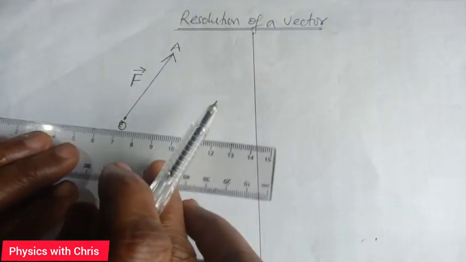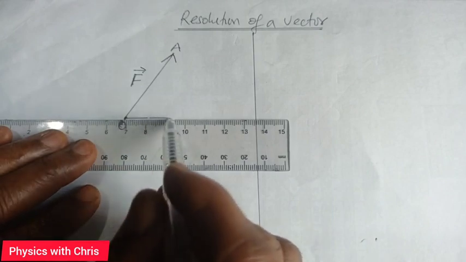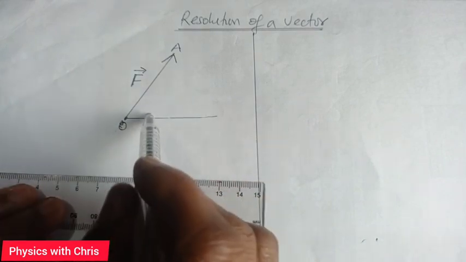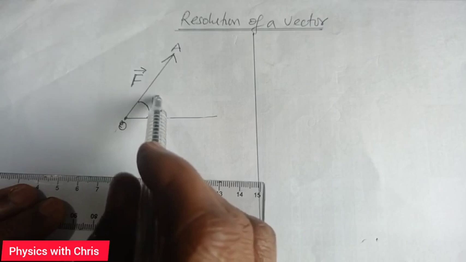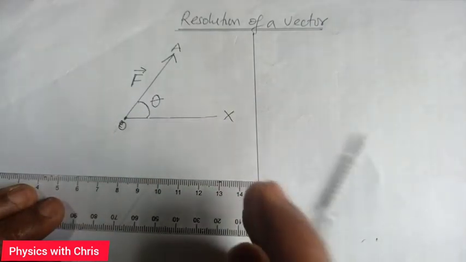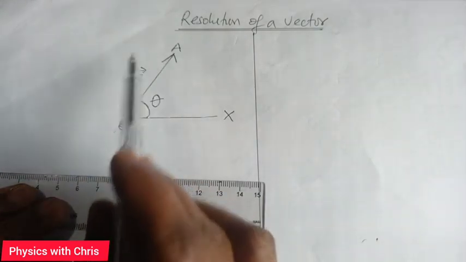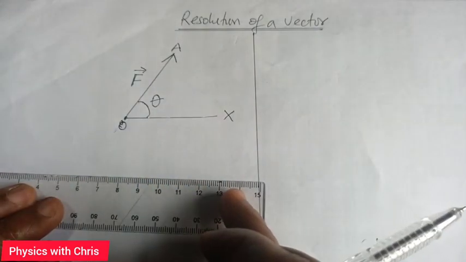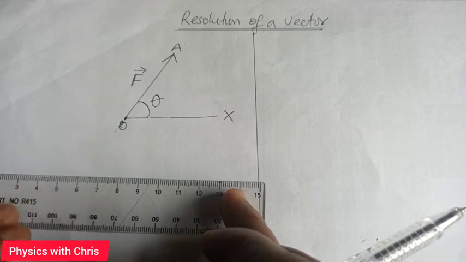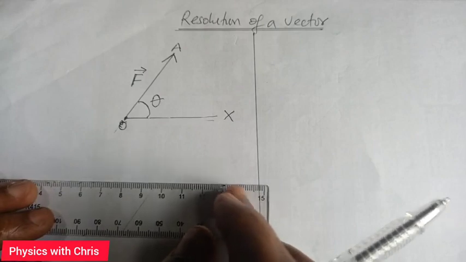Let's say that we can place a line here along the x direction, such that the angle the vector makes with the x direction is theta. This is my x direction. I want to resolve this vector F into its two perpendicular components. I want to find the components of the vector acting along the x direction and along the y direction.